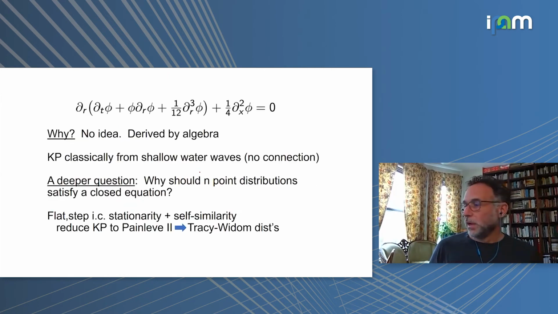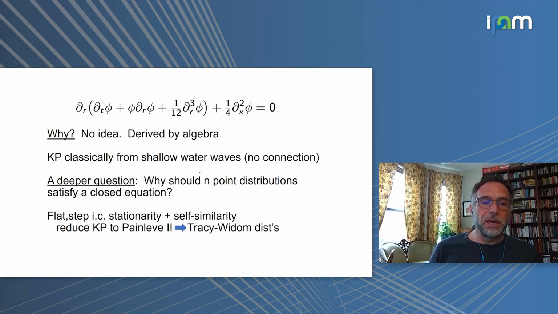Okay, so let's go. So why on earth does this thing satisfy these equations that come from classic integrable systems? And the answer is we don't really have a physical derivation of this fact. They're derived by algebra. And it's not at all clear why this is happening.